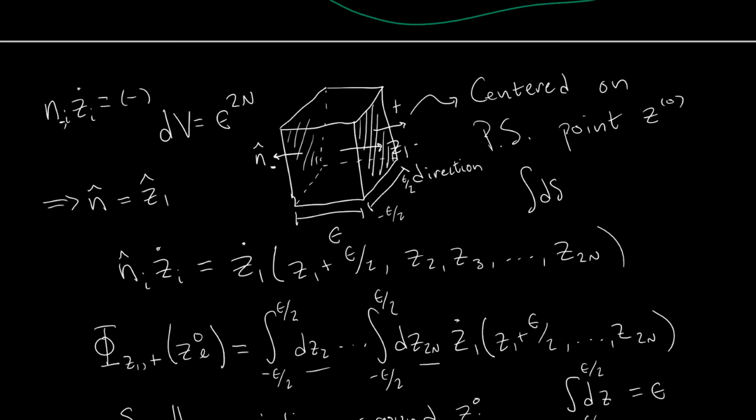And you can see this works out because if ż_i is negative, then this gives me a positive value, sorry.